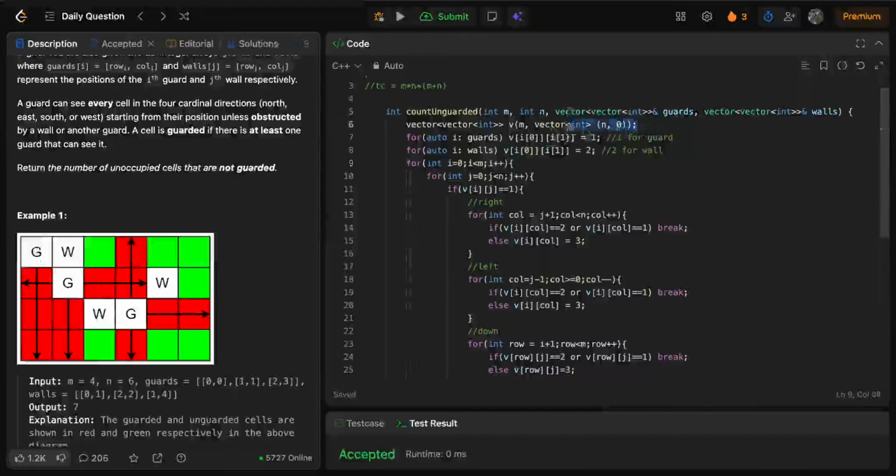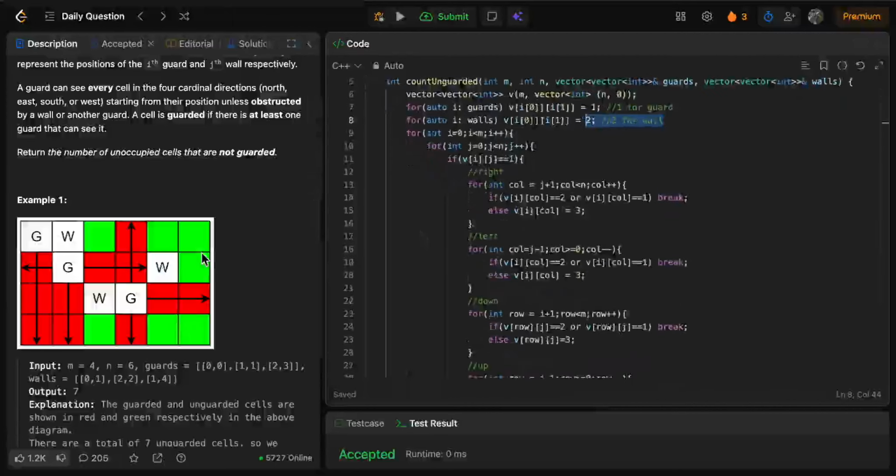I've created a matrix of m cross n size and initially marked it as 0, meaning all cells are unoccupied. Then I'm marking the guard cells with 1, and marking the wall cells with 2. That is, if the cell contains 2, that means a wall is present in that cell.